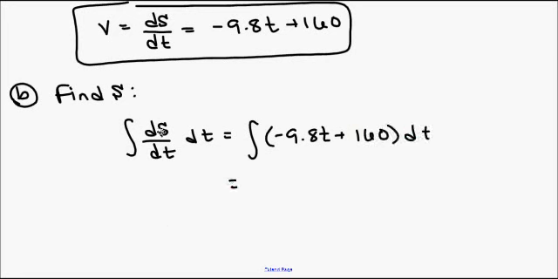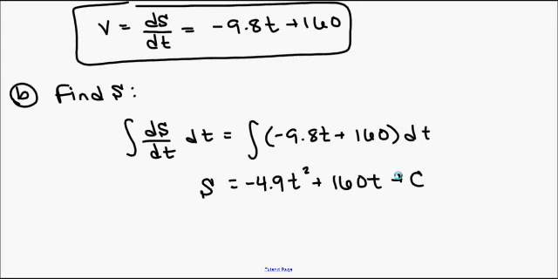And we get s equals, I need to move this up a power, so I'm going to divide negative 9.8 by 2, and I get negative 4.9 t squared plus 160t plus c.